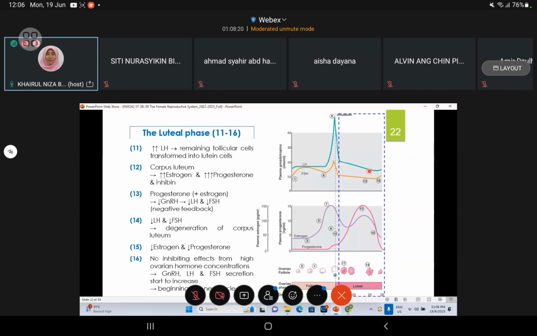And this has a negative feedback effect on the secretion of GnRH, LH, as well as FSH. Due to the low secretion of LH and FSH, there is degeneration of the corpus luteum after about 12 days. This leads to a decrease in the secretion of both estrogen and progesterone and removes the inhibiting effects on GnRH, LH, and FSH secretion, whereby they start to increase. And this marks the beginning of a new cycle.